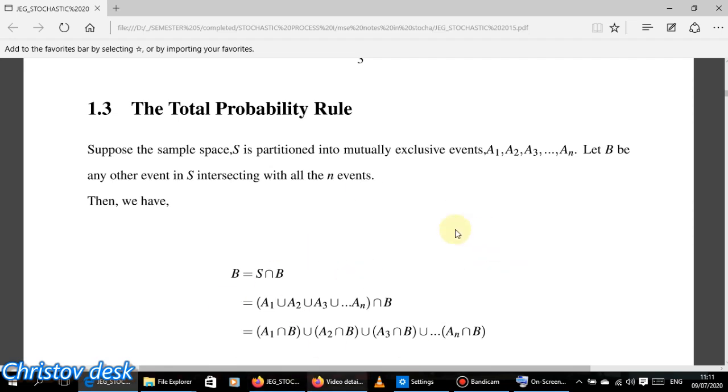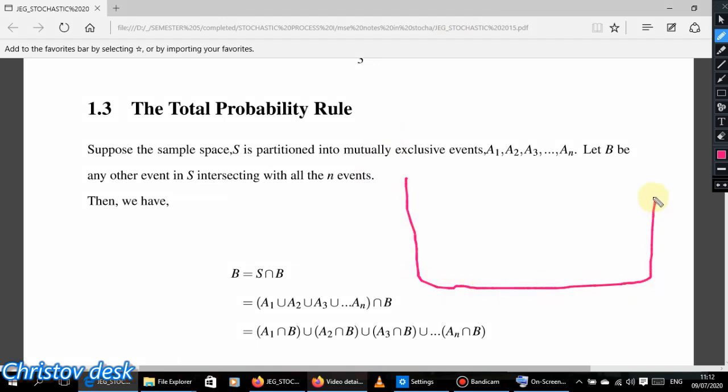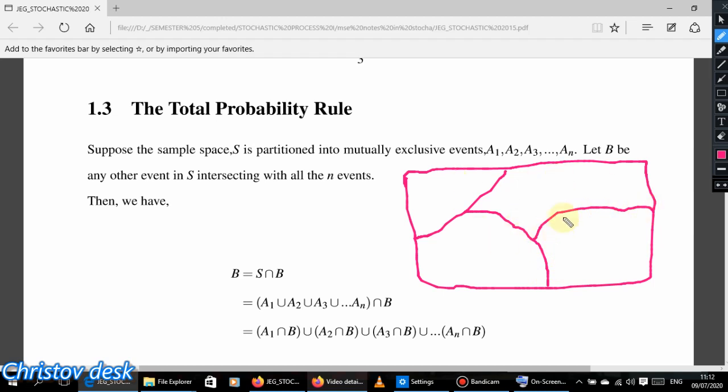Let me sketch total probability. What we are saying is that we have a set, and this set has been partitioned into, let's say, these four sets.